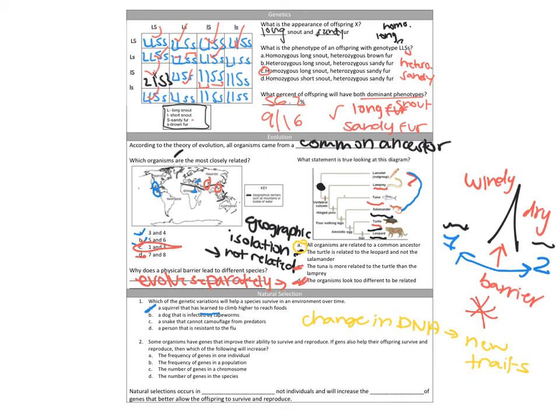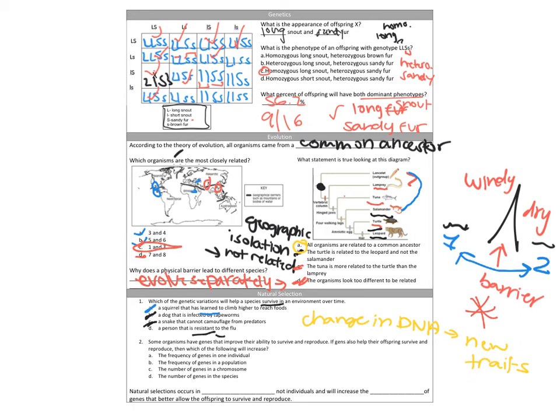A dog that is infected by tapeworms, that doesn't sound right because we want to survive here. It's not going to help you. A snake that cannot camouflage, well, camouflaging is a good thing, so we can cross that out. And letter D, a person that is resistant to the flu.